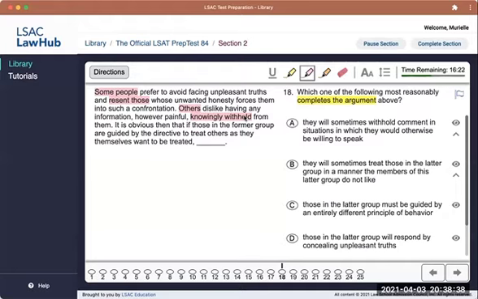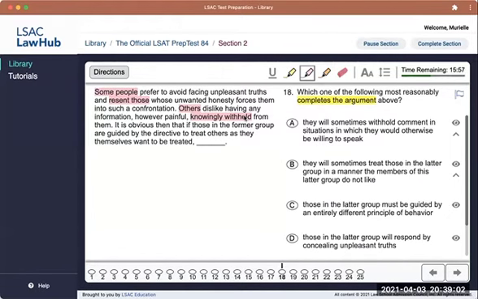So there may be people who wouldn't identify with either of these groups very strongly, or maybe they like to avoid unpleasant truths, but they don't resent people who force them into a confrontation necessarily, right?